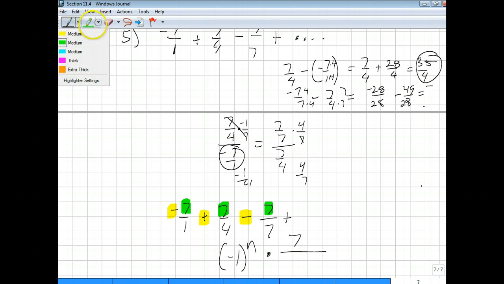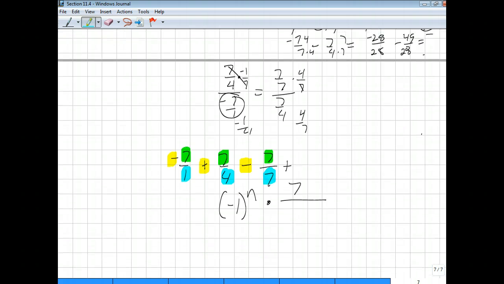Now we look at just the denominators. And we see, can we find a rule for the denominator? Okay. Well, notice that it goes up by 3 each time. So there's a common difference. So the denominator is arithmetic.